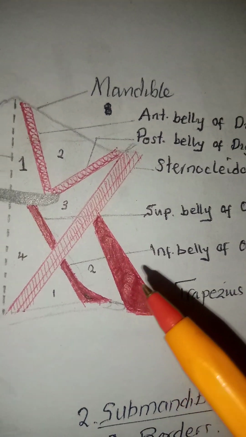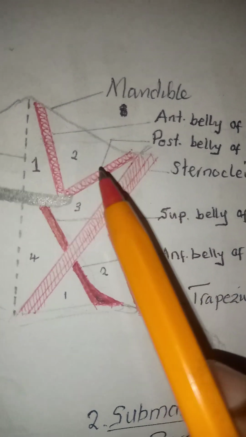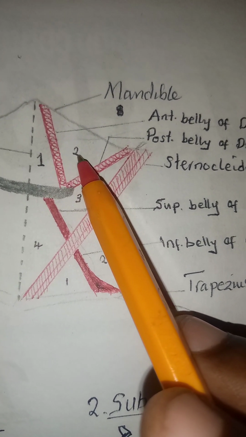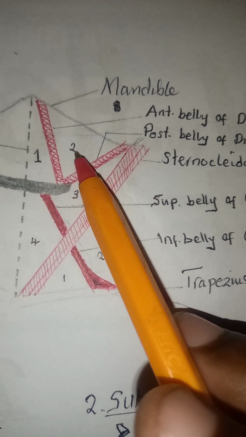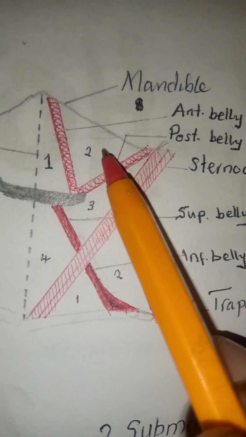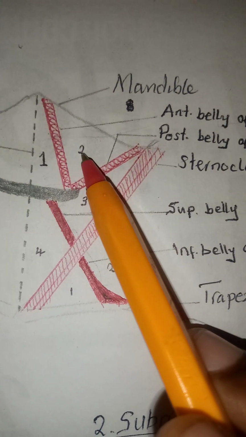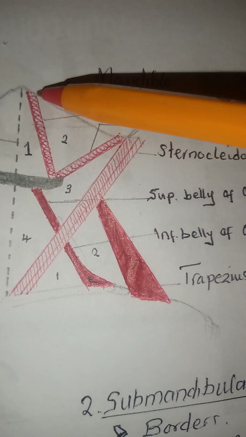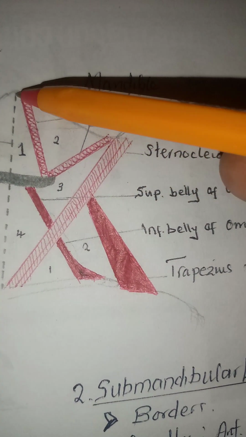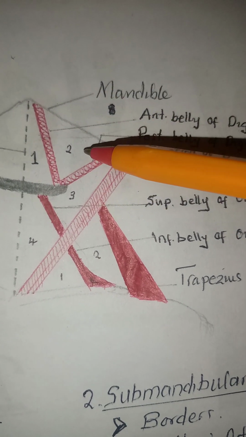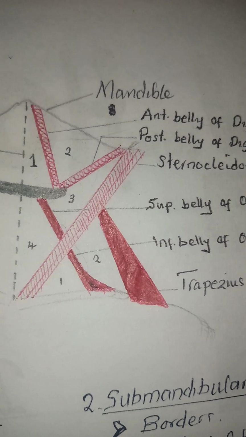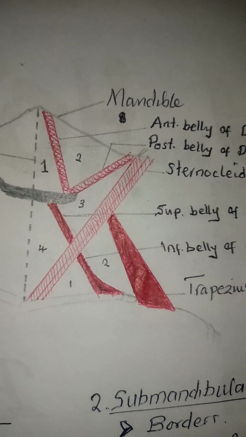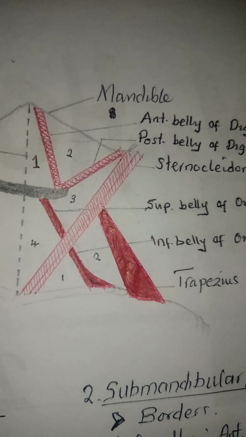The next triangle is called the submandibular triangle. The submandibular triangle is also called the digastric triangle. This is the one I have labeled number 2, passing from here all the way to here. You can call it the digastric triangle because it's basically bordered by the digastric muscle.